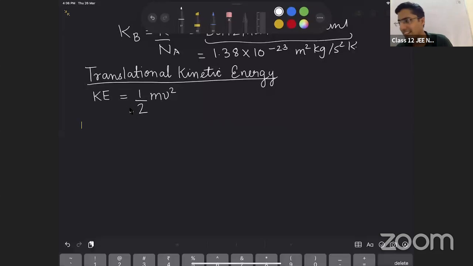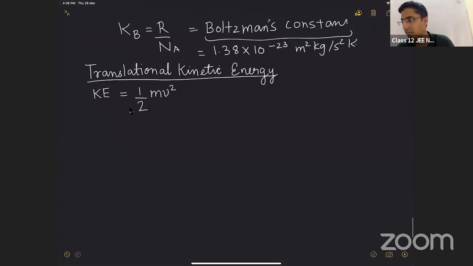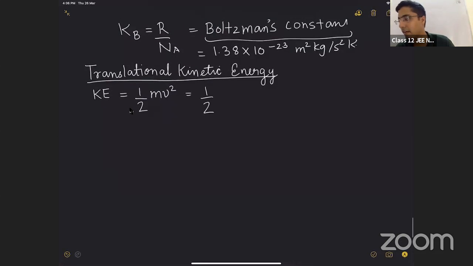Now I can rewrite this as half mass into n into v square upon n. Now we know that this is the total mass m, and this is the Vrms square.